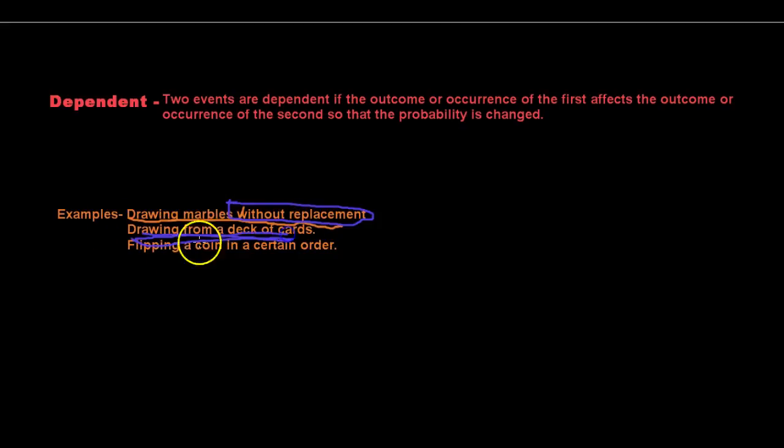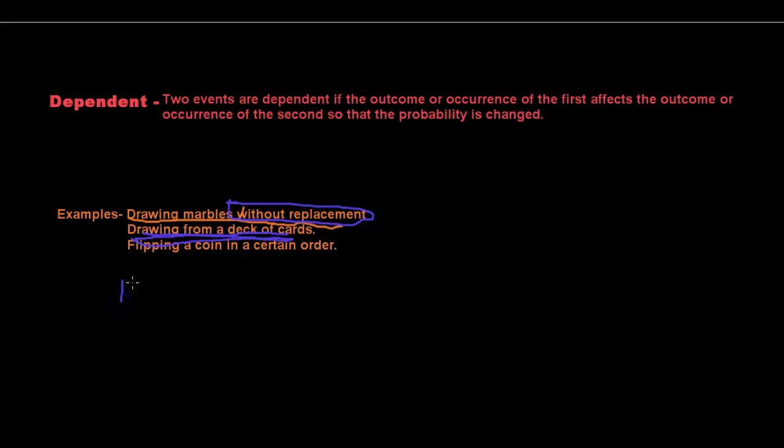And then we have flipping a fair coin in a certain order. So that's going to be like if somebody had said, hey, what's the probability of flipping 2 heads in a row if you only flip the coin 4 times? And that would be another example of that. Because now, unlike in the first example up there in independent, it's when you find a certain order, and that's actually going to affect each other.